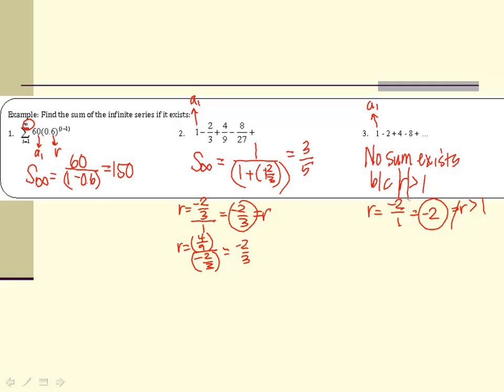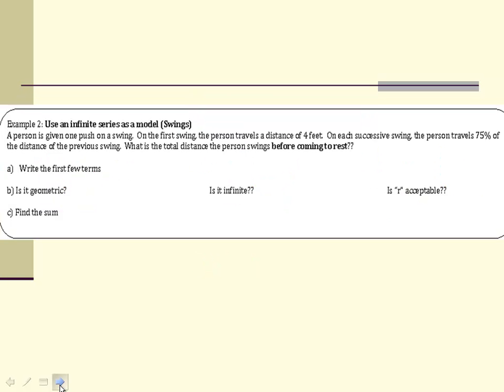Okay? Now we're going to give you an actual real-life example so that you kind of know what in the world an infinite sum means. So let's do that. A person is given one push on a swing. On the first swing, the person travels a distance of 4 feet. What did they just give you? A sub 1.